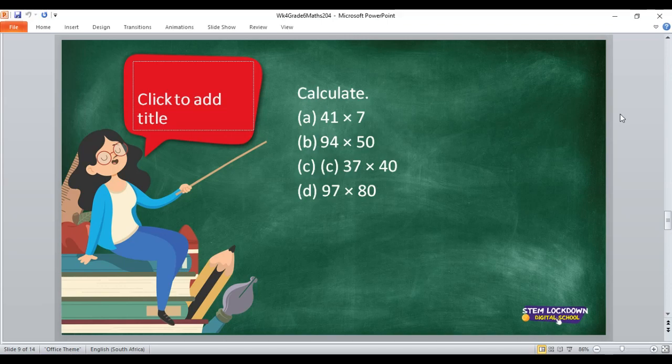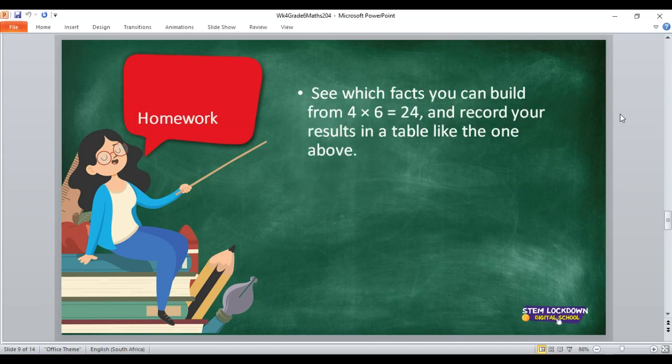Okay, let us look at the next one. Okay, it says here, this was going to be our homework. It says here, see which facts you can build from 6 multiplied by 24 and record your results in a table like the one we did in the previous slides.